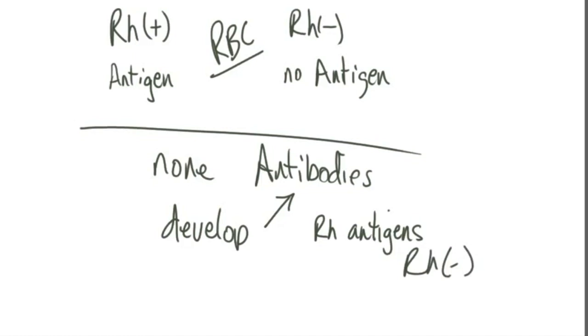Because an Rh negative person has no antigens, so they will develop the antibodies to fight that, if that kind of blood is put in them. Okay? So if an Rh negative person is given Rh positive blood in a transfusion, they would develop the antibodies and clump it.